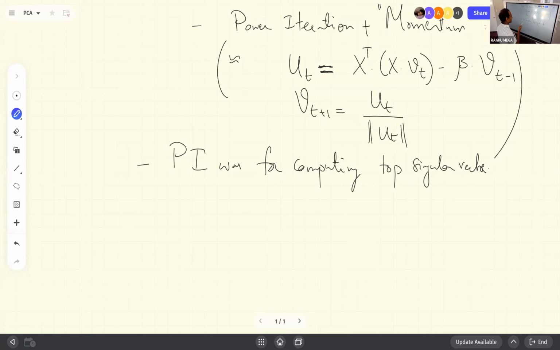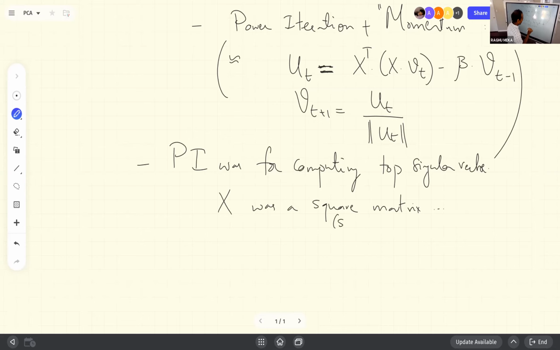Okay, so to make things easier, let's say I tell you that X was a square matrix. And I want you to compute the bottom singular vector of X. What can you do? Any guesses?